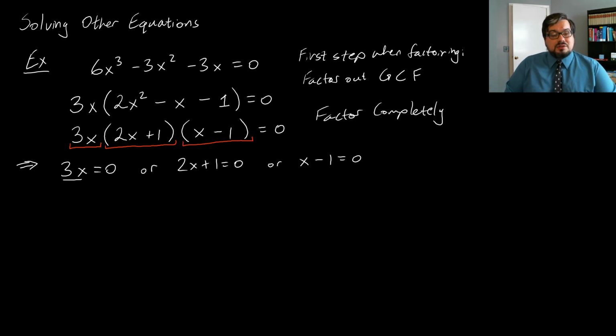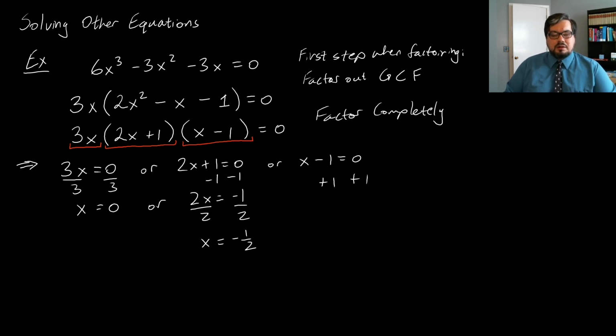And so we can solve each one of these to get x is equal to 0, or subtract 1 from both sides, get 2x equals -1, divide both sides by 2, get x equals -1/2, or we could get x equals 1.